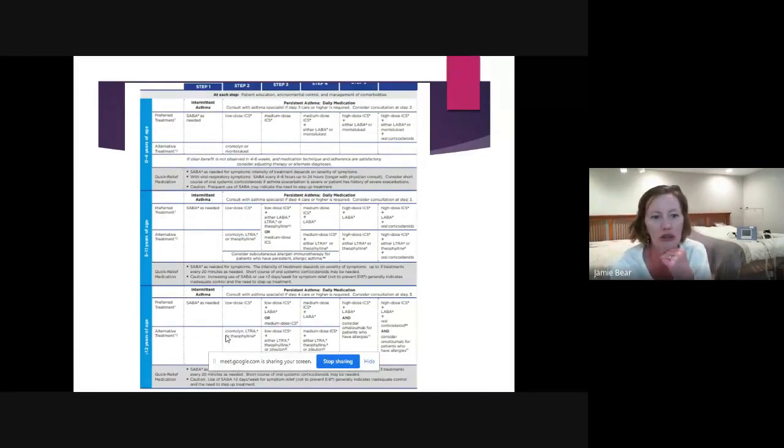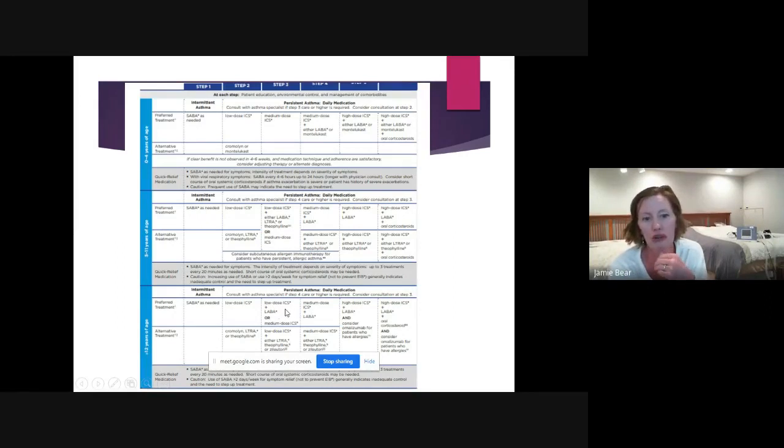And then also cromolyn sodium. And then the LTRA is like your leukotriene modifiers. So that is preventing those chemical mediators from causing more inflammation. So that could be your montelukast or your Singulair, something like that. So it's another controller medication.